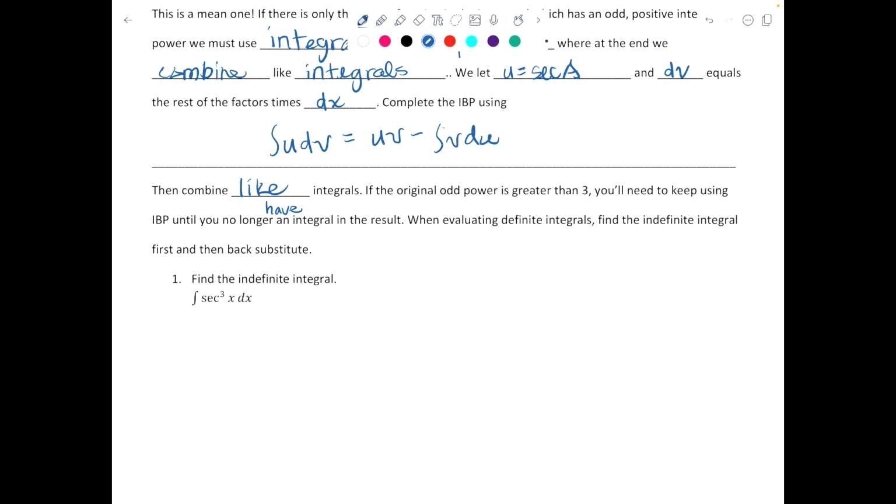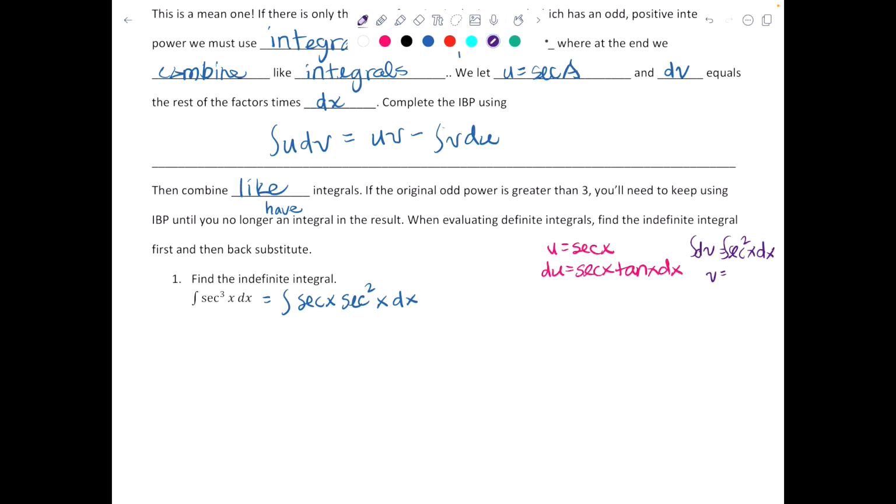All right, so here we go. We're going to rewrite this bad boy as secant at x times secant squared at x dx. And so u equals secant at x, du is secant at x times tangent at x dx. And then our dv, we just have a secant squared left, right? So dv would be secant squared at x dx.